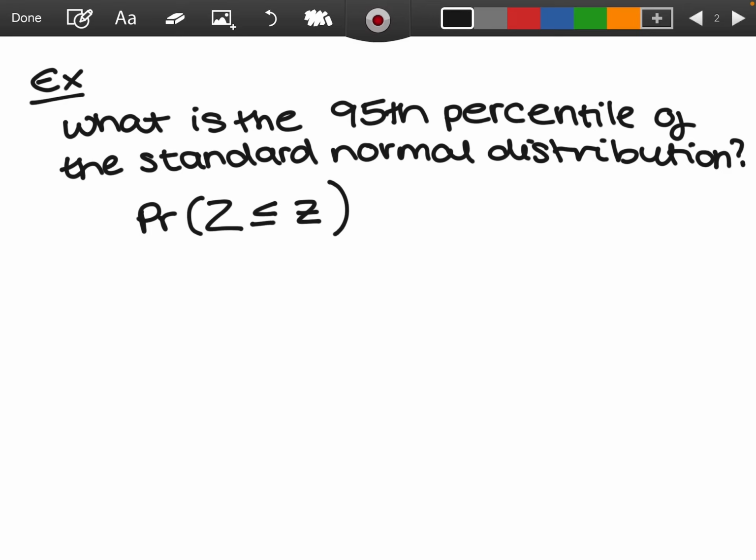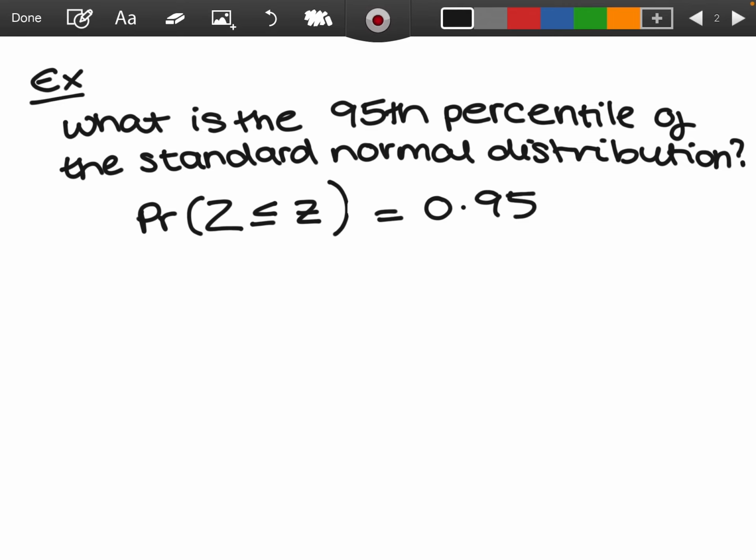Now again, we're looking at standard normal distribution, so I know I'm using Z. We are looking at what is the outcome such that the probability that I have a data value that is below that outcome is 0.95.